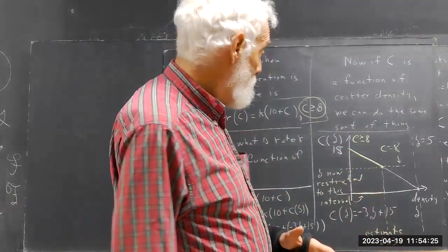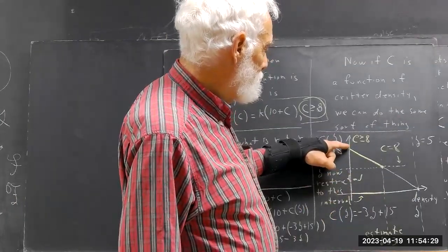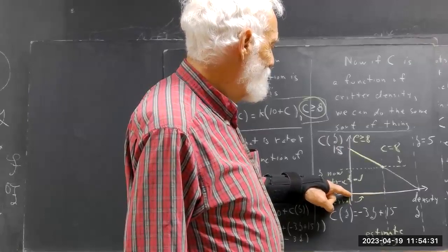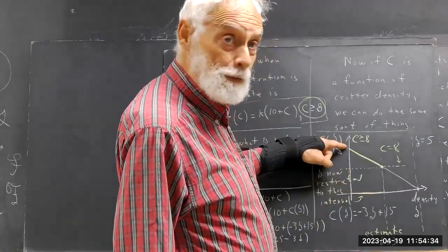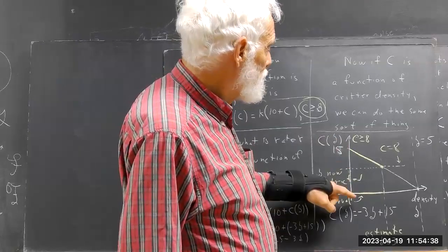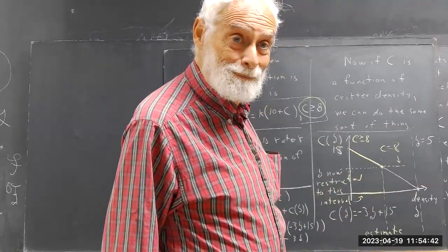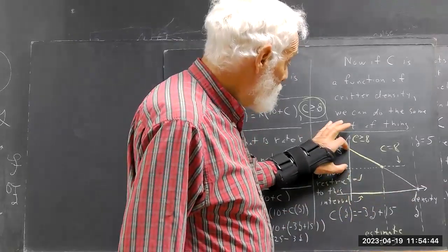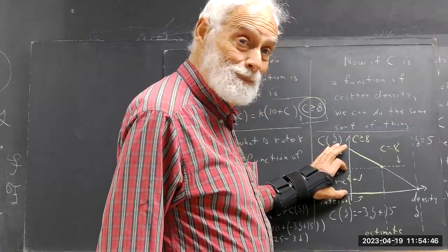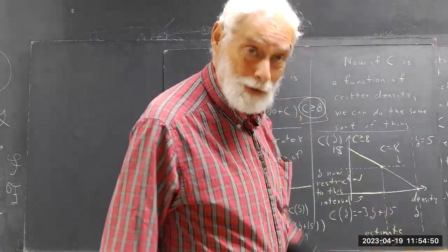Why can't it be? Because if you go from 0 to 15, 8 is more than halfway to 15. So the interval where C is less than 8 has to be bigger than the interval where C is greater than 8. That makes sense? This interval here is bigger than this interval. So this interval has to be smaller than this interval, but it doesn't look like it.